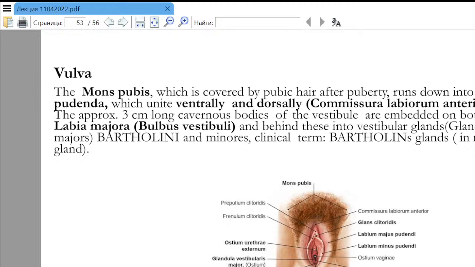Vestibulum vaginae, labium minus pudendi, labium majus pudendi. English, Latin pudenda.